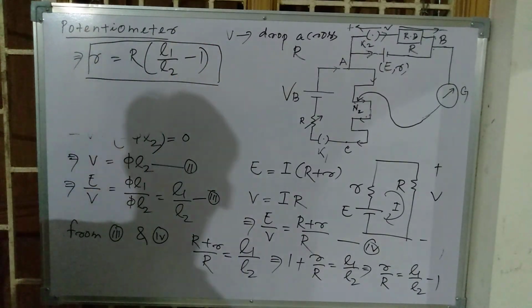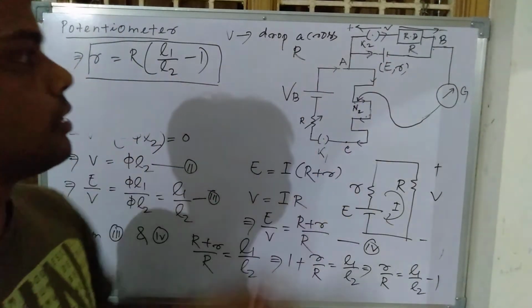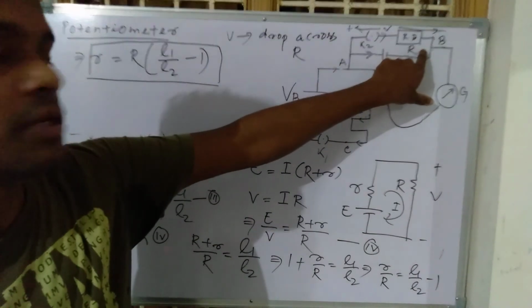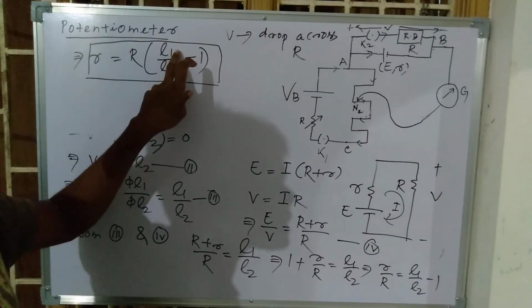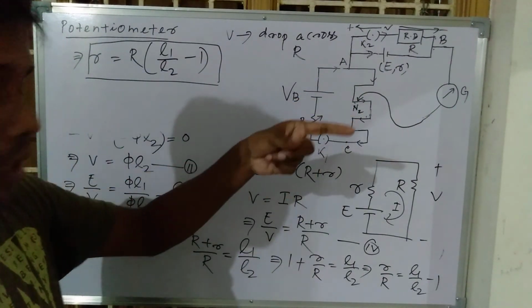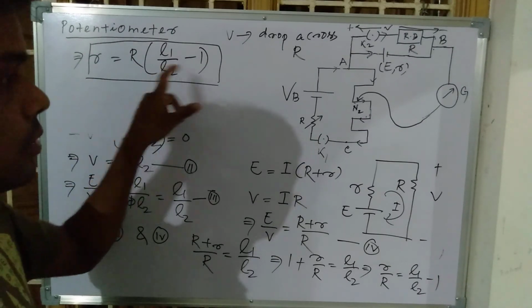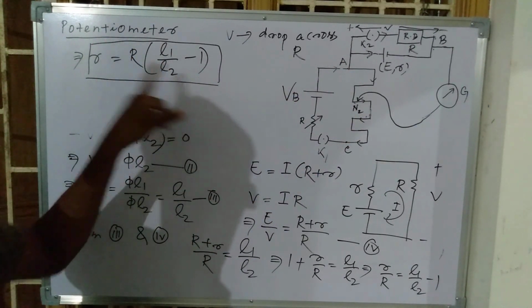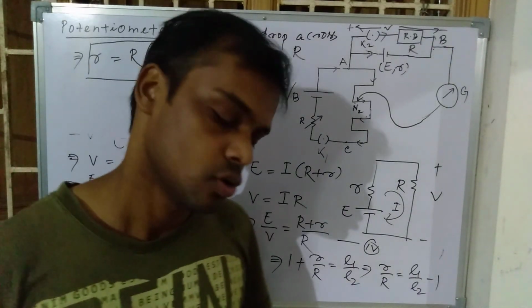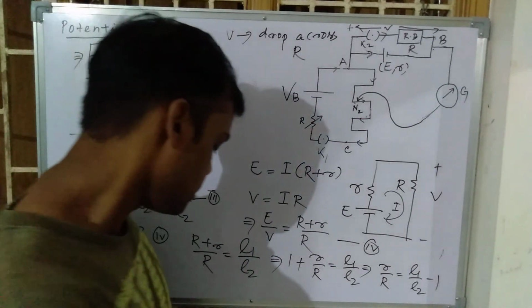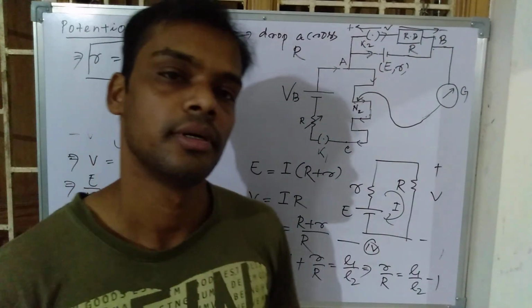This is the formula for finding the internal resistance of the cell. Here R is known to us, the resistance of the resistance box. L1 can be found by just measuring the length of AN1. L2 can be found by measuring the length of AN2. Now everything is known to us, so r will also be known to us. So this is the way a potentiometer measures the internal resistance of a cell.